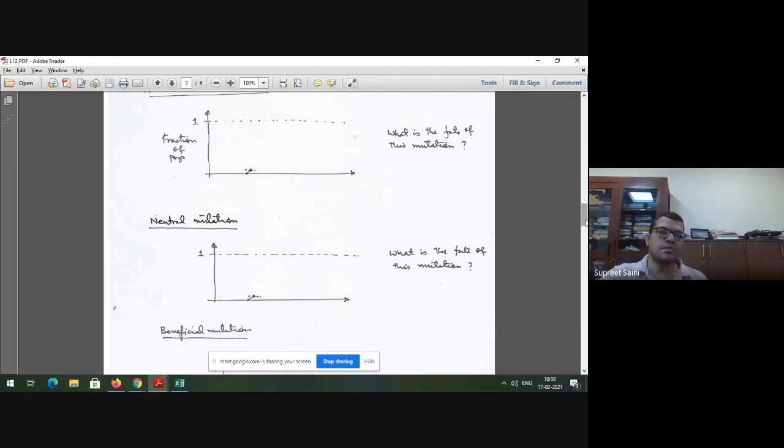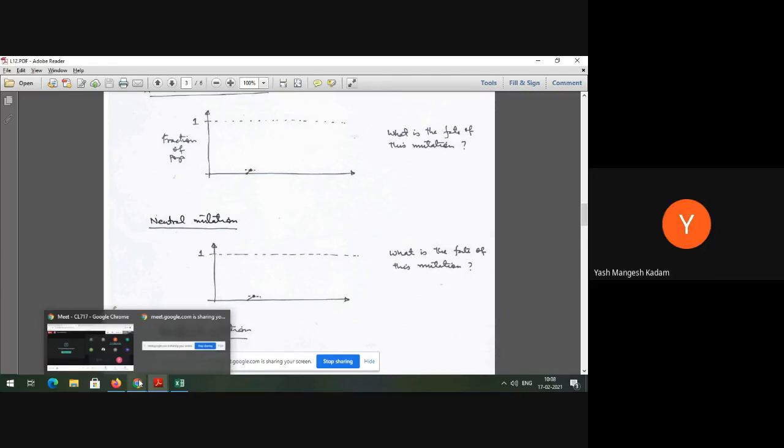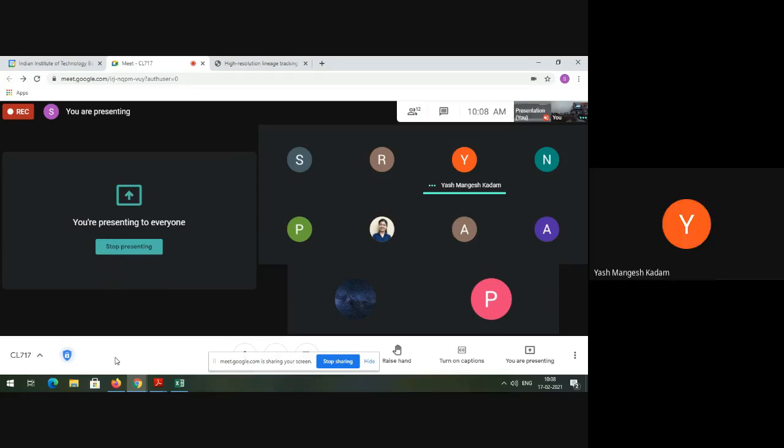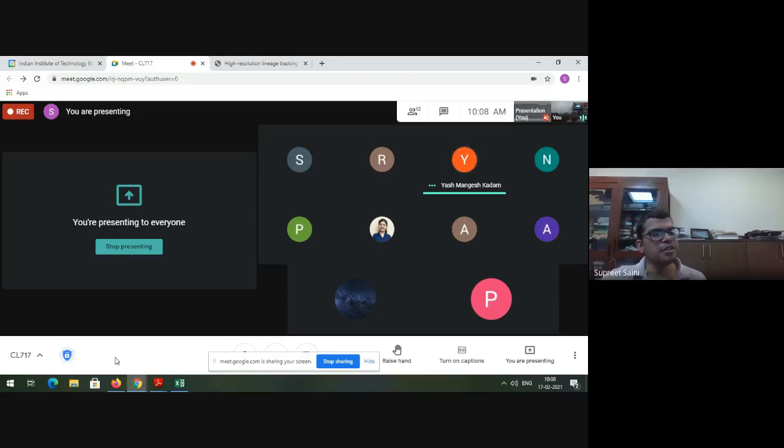Either of what? Fixation or extinction. Which one's more likely? Extinction. Why is that? It doesn't have any benefit for the population. Right, but neither does the ancestor.